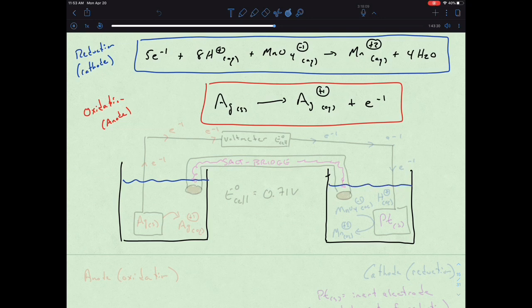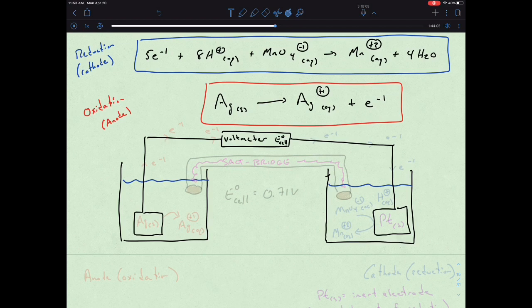We have our two electrodes that are in the solutions, connected by that voltmeter, which gives us the cell potential for the conditions we have.